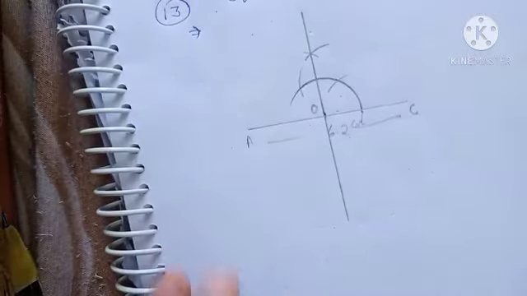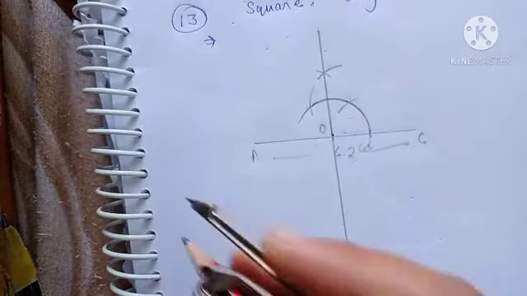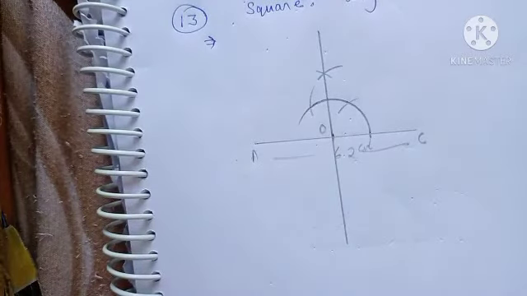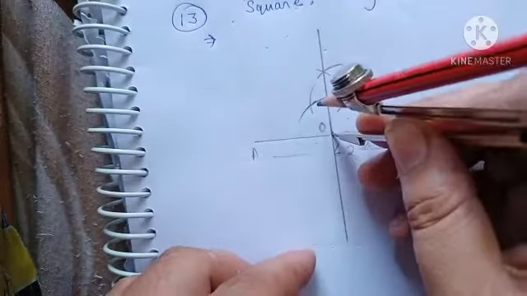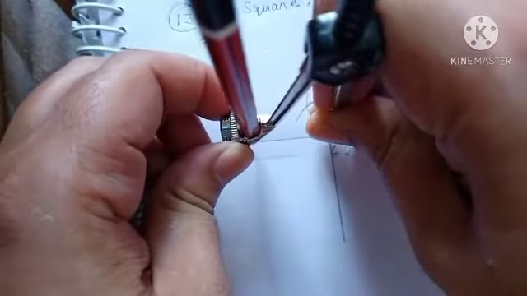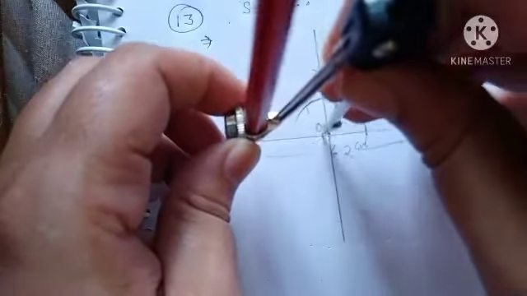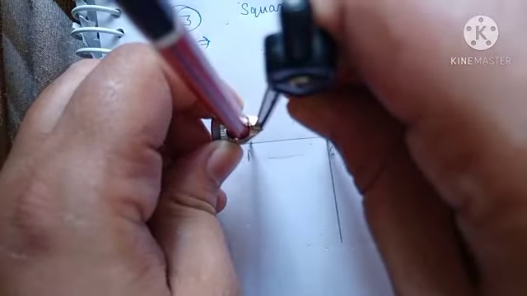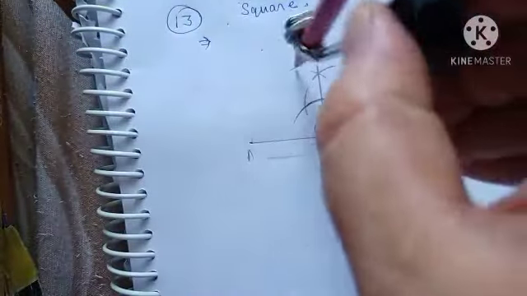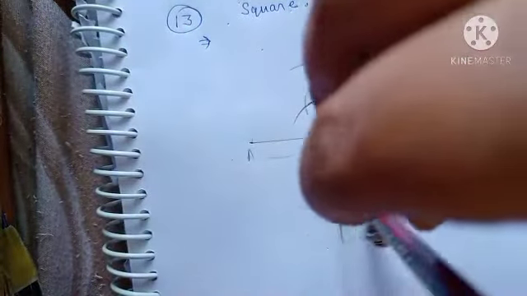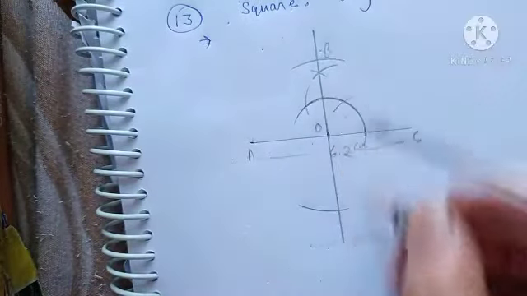So here you can see both the diagonals of a square are equal. Taking O as center and 3.1 centimeter as radius, we will intersect this line at point B and at point D. This point is B and this point is D.